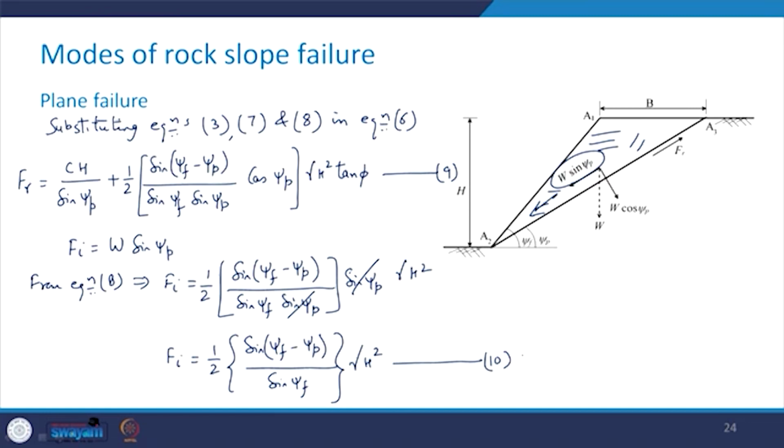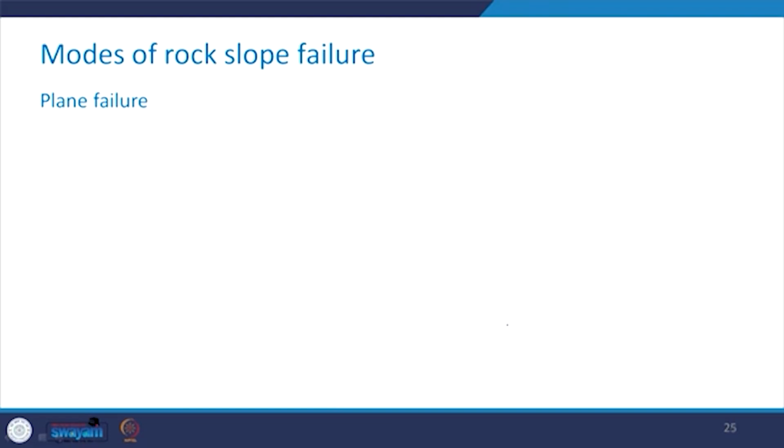Now, we substitute this Fr from equation 9 and Fi from equation 10 into equation 1 and try to get the expression for the factor of safety.